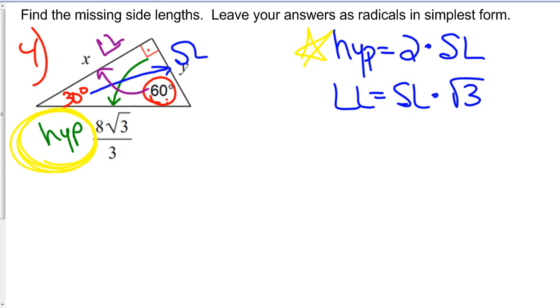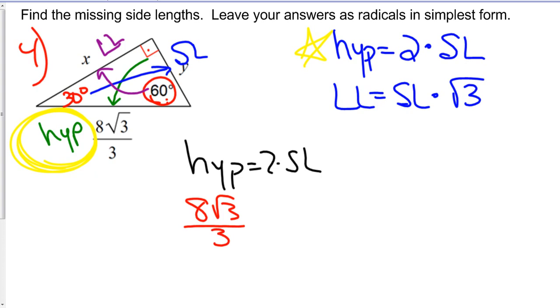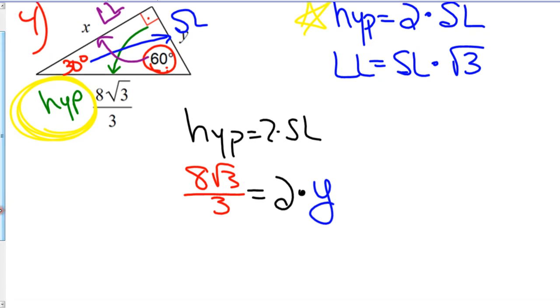So if I start with hypotenuse equals 2 times the short leg, I'm just plugging in what I know. It's 8 radical 3 over 3. That's going to equal 2 times my short leg, and the variable that is being used for my short leg is the y.